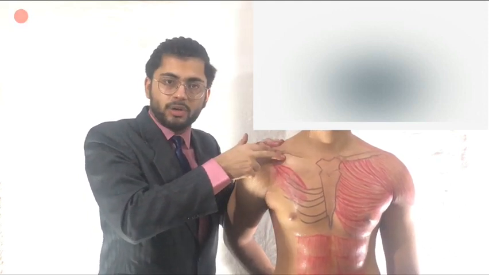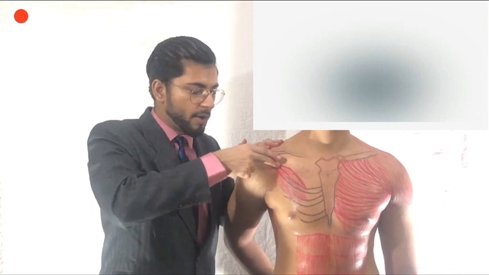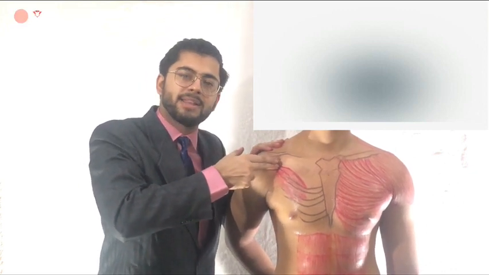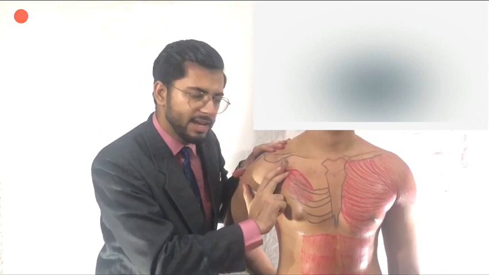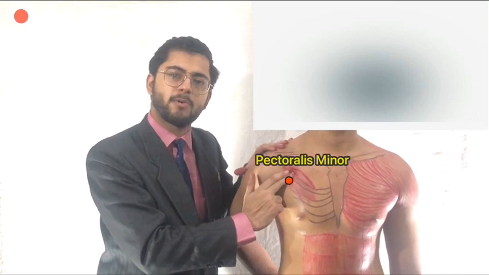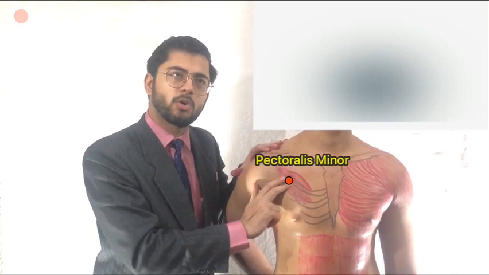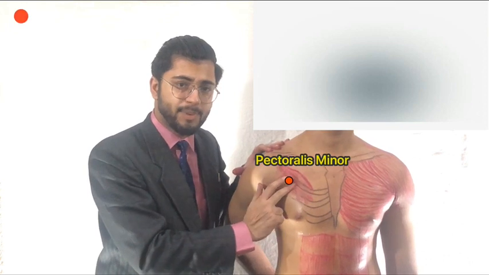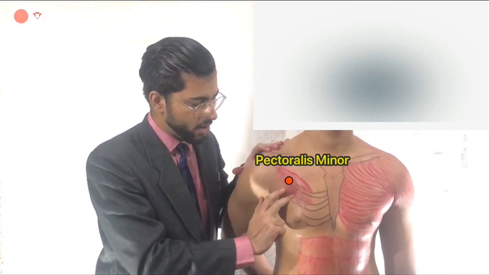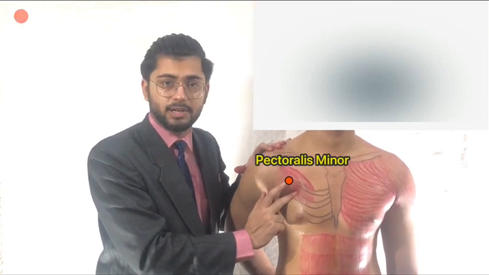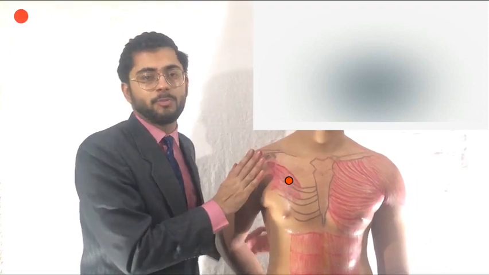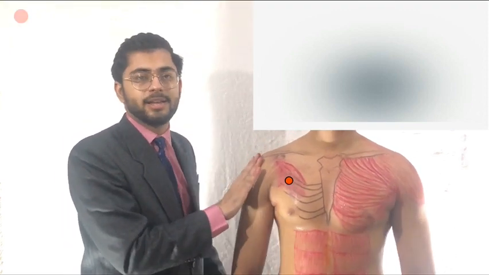Palpate the anterior concave part of the clavicle, go a bit deep and in to the coracoid process, and here's your first slip of pectoralis minor. Go down and here's your second slip, go down and here's your third slip. This is the way you palpate the pectoralis minor muscle.